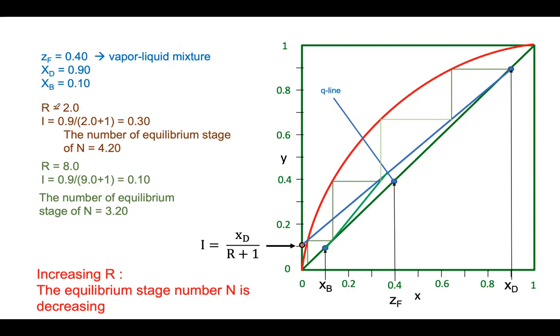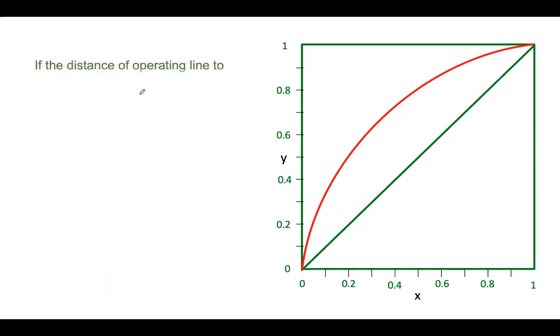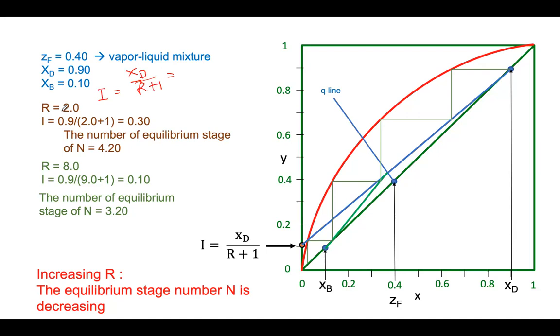If the reflux ratio is 2, then the intercept is xD divided by (R+1). Here xD is 0.9, and R+1 is 3, so 0.9 divided by 3, and we get 0.3.